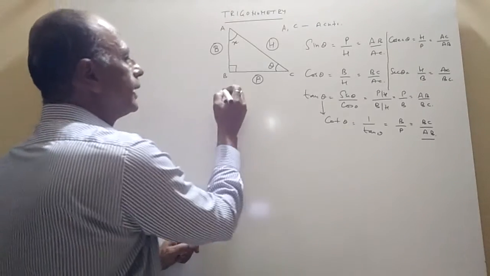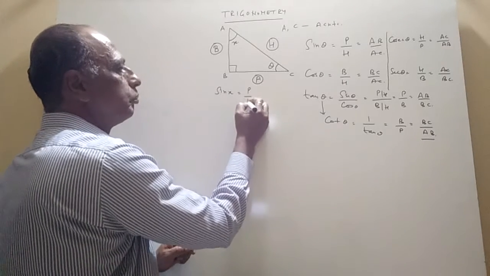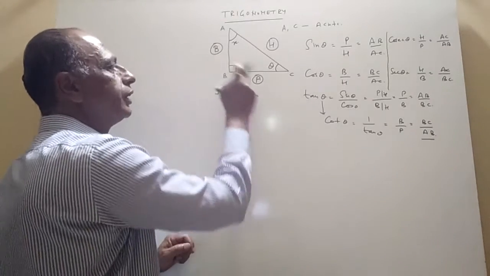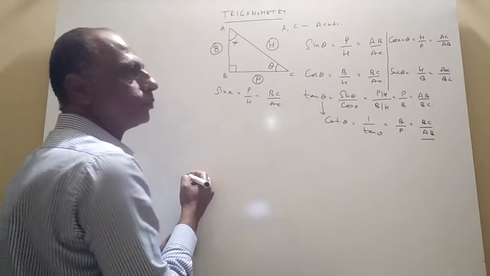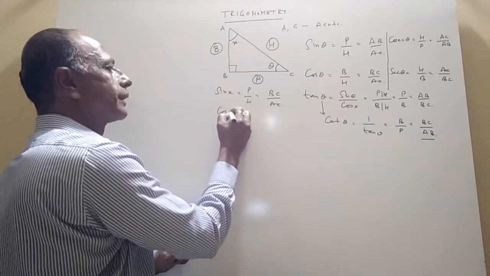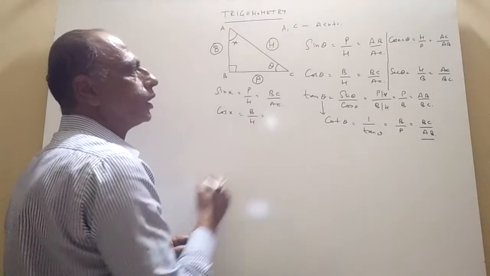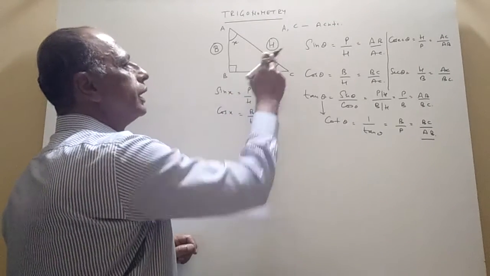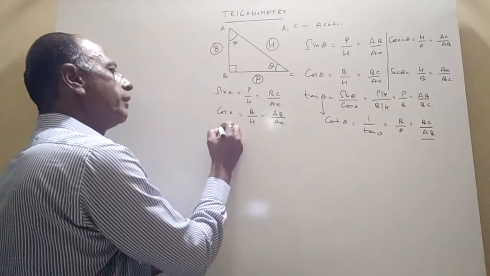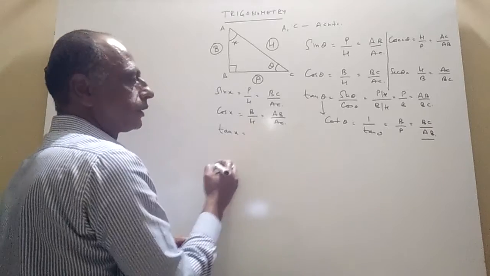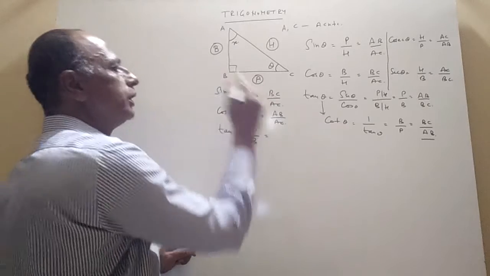So now in this case, the T ratios, sin x, the formula will remain same, P upon H, but since the sides have interchanged, P upon H will become BC upon AC. Similarly, cos X, the formula is still the same, B upon H, which will now become AB upon AC. And then we have tan of X, which is P upon B, which will now become BC upon AB.